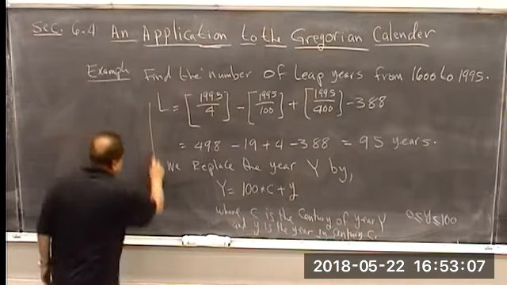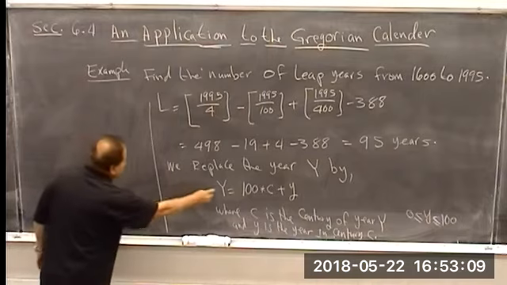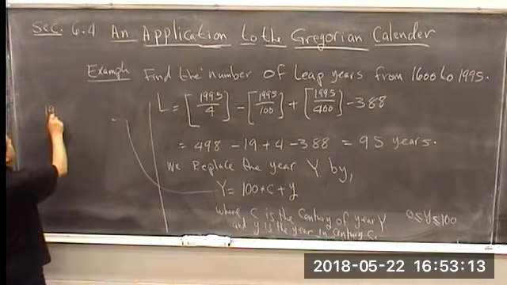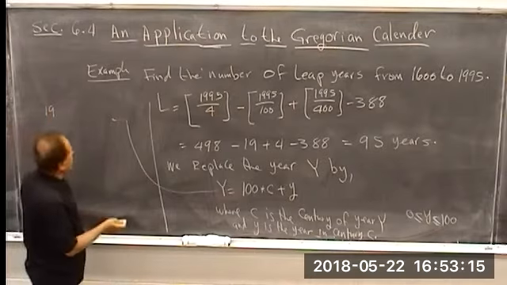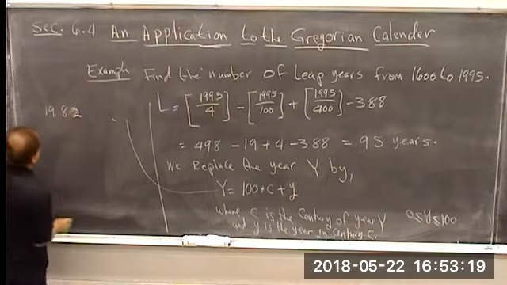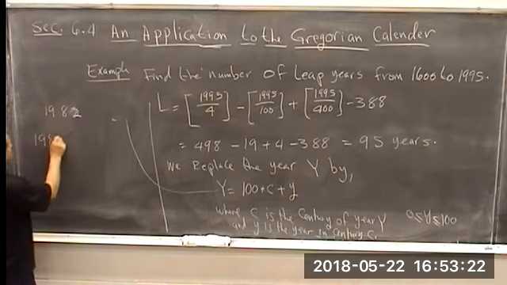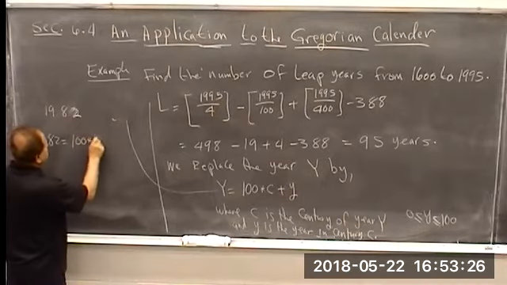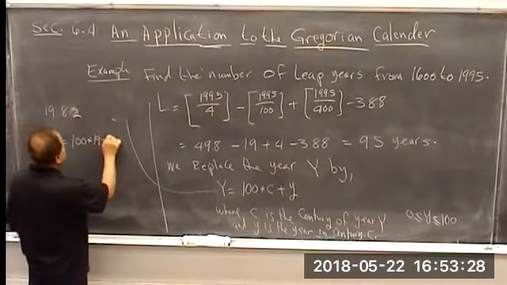Because once y goes to 100, then we'll go to the next century. Just to illustrate this convention, or this notation, for example, 1982, we can write this one as 100 times 19, plus 82.